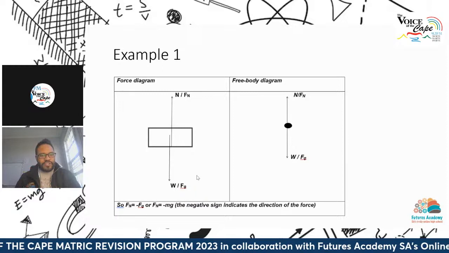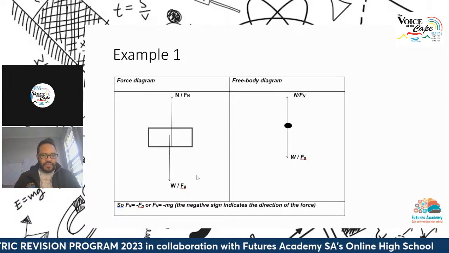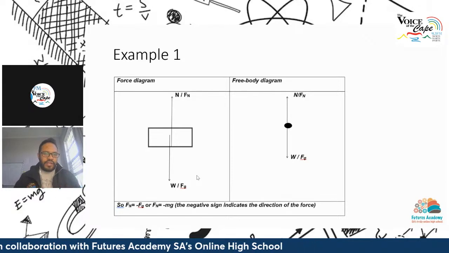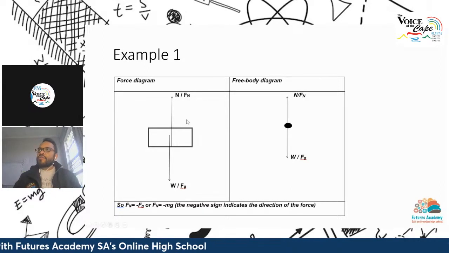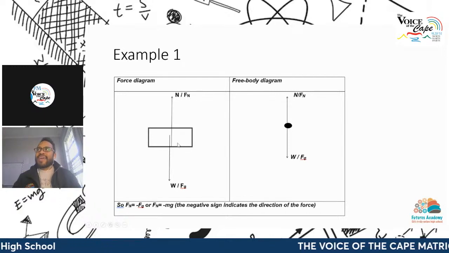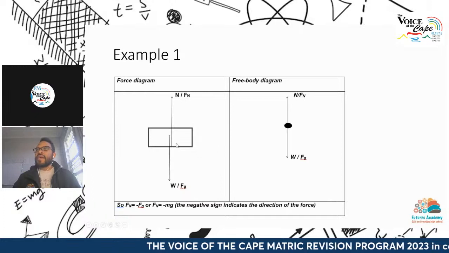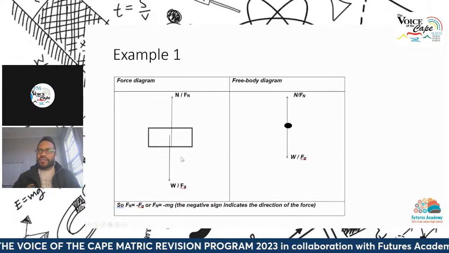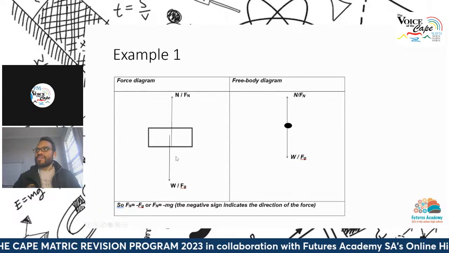So for one vector to be equivalent to another vector, it must have the same magnitude and it must have the same direction. If we look at the arrows for the normal force and the gravitational force over here, the normal force is acting upward, perpendicular to the surface that this block is resting on, and the gravitational force is acting downward towards the center of the earth, right?